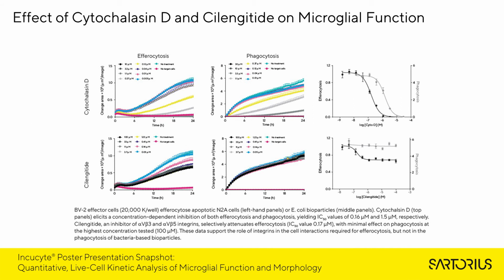These data support the role of integrins in the cell interactions required for efferocytosis, but not the phagocytosis of bacteria-based bioparticles. So this figure accentuates the importance of separating these two processes in terms of using different target material. We can then add a compound, in this case selengitide, that can specifically target one or the other pathway.